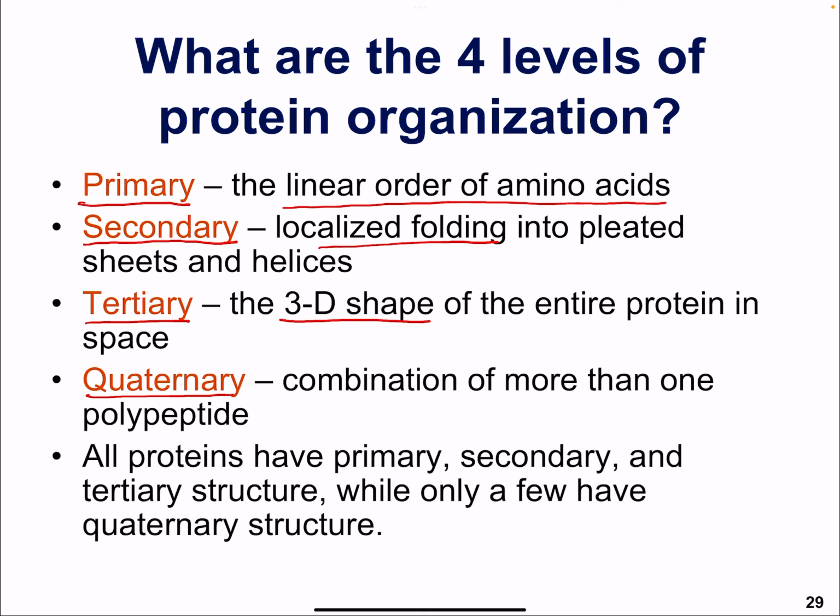In the quaternary structure, two perfectly folded proteins in their tertiary structures come together to form a functional unit. An example of that is hemoglobin. One unit of hemoglobin protein is not enough to carry oxygen.